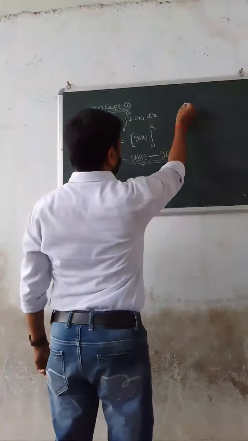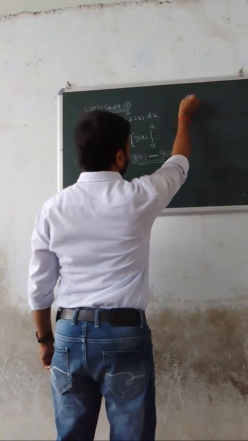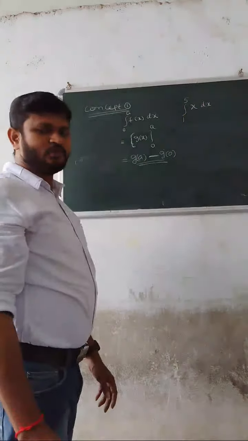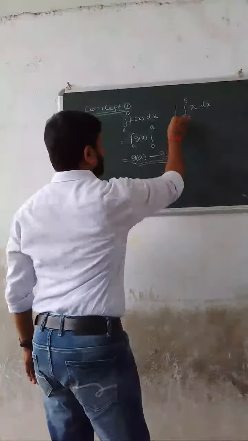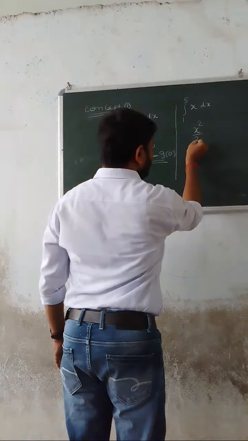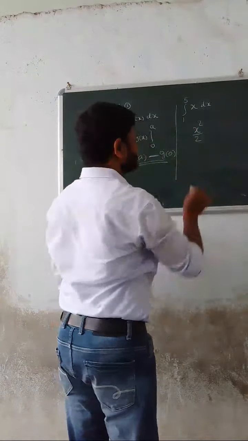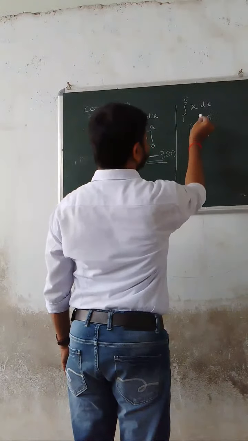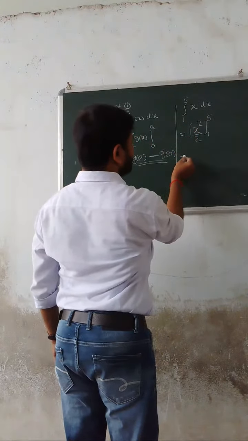If I give one example, 1 to 5 x dx, that is the question. What is the integration of x? That is x square by 2. Integration done. Now the limits: 5 and 1. Put here equals.